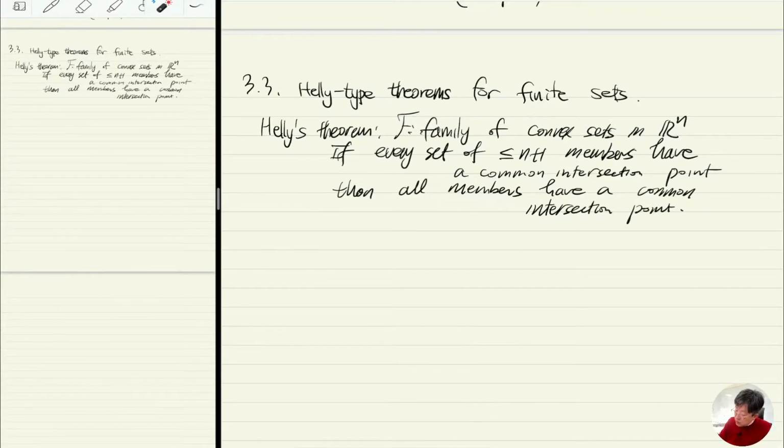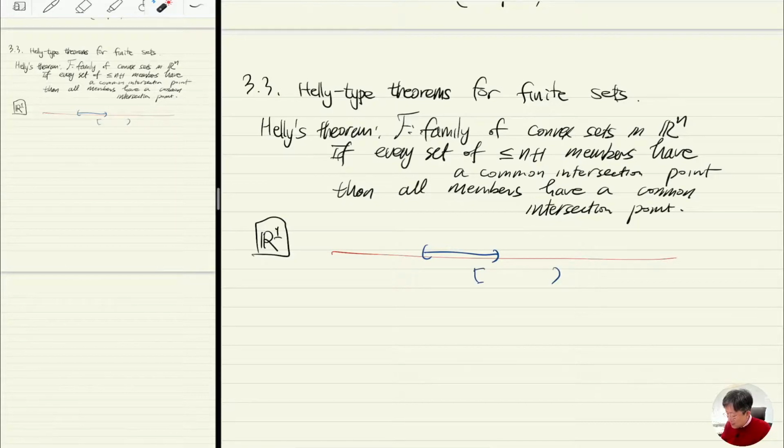So for instance, let's think of R^1, right? Convex sets in R^1 are just intervals. What is a convex set? If you have 2 points, any convex linear combination also lies inside the set, that's a convex set. So the convex sets are the intervals.